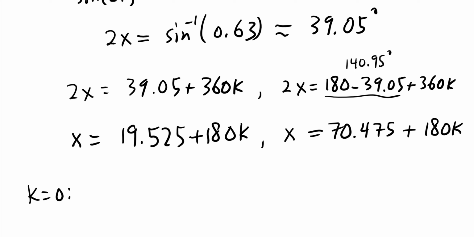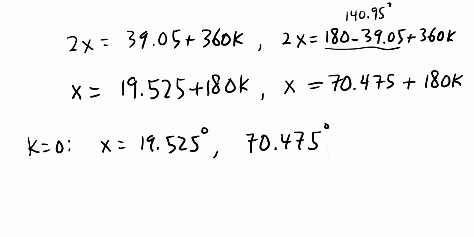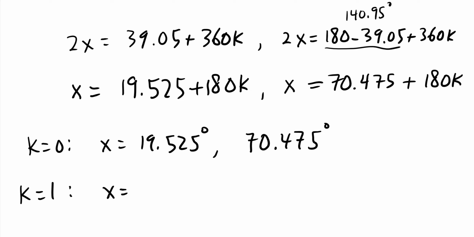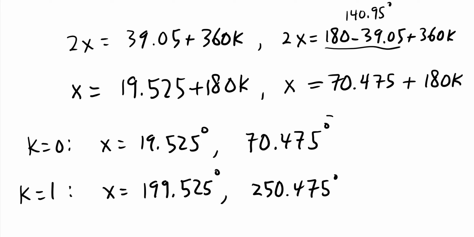When k is 0, x is 19.525 degrees, and for the other one 70.475 degrees. Then if k is 1, x would be 180 plus the 19 point something, that's 199.525 degrees. And the other one is 70 plus 180, so that's 250.475 degrees. So I got 4 values.